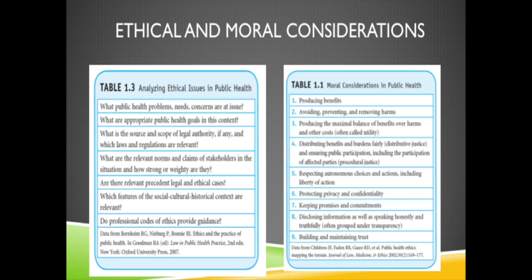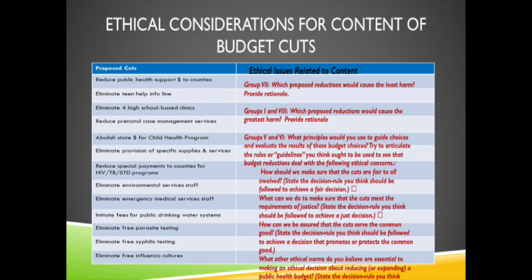So maybe we should reallocate funds to support the majority of the population, as opposed to this really small group of folks. The other thing to think about is the moral factor, between what's right and wrong. In this scenario, the different groups will assess these ethical issues as they're considering the budget cuts.